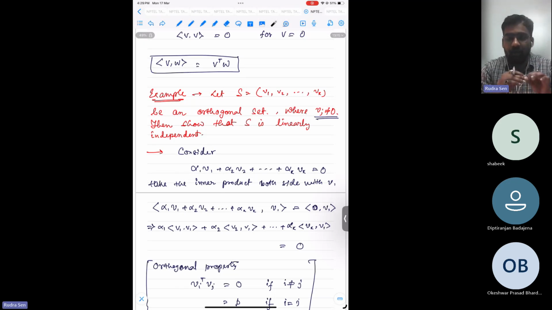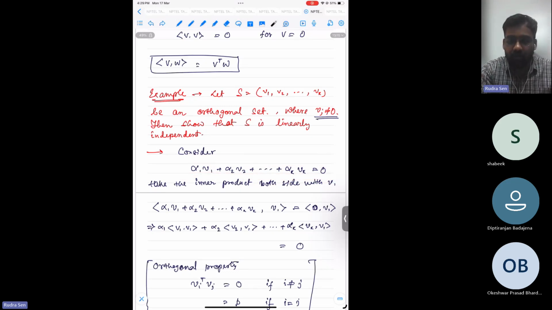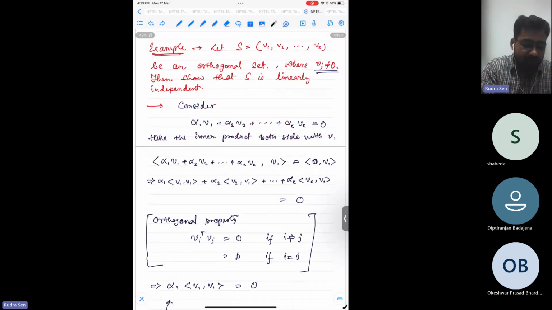If you remember the definition of linear independence: this is possible if and only if all the alpha i's are equal to 0, then V1 to Vk are all linearly independent. If any of the alpha i's is a non-zero term, then they are not linearly independent. So we need to show that all the alpha i's have to be 0.